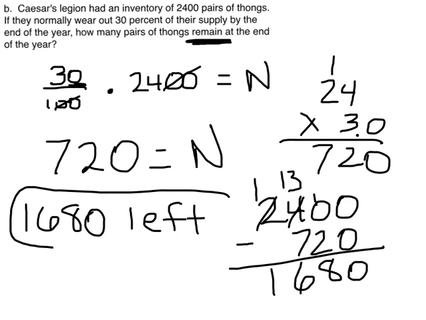Now, just a note, another way we could have done this is to say, if we want to know how many remain, and 30% stands for how many they're going to wear out, those are two different things. The percent that would go with how many remain would be 70%.